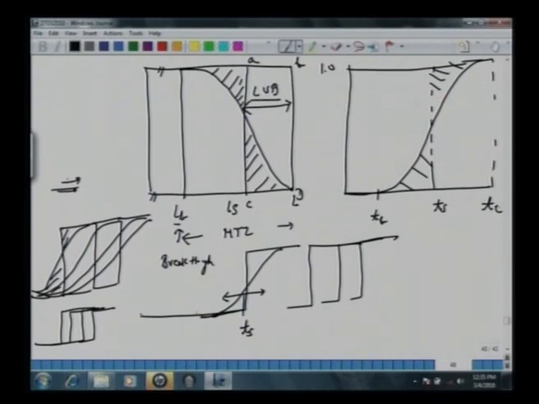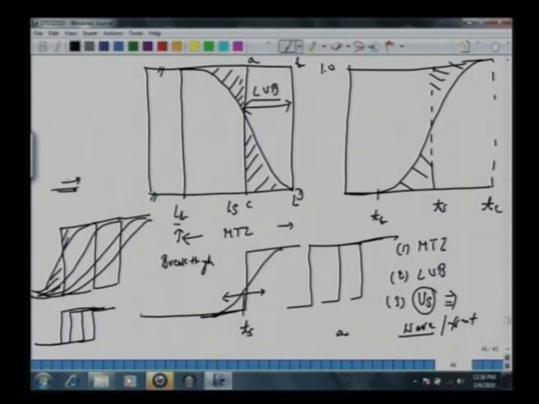So we are talking of this front. We have introduced one quantity, the MTZ. We have introduced a second quantity, which is LUB, and we can also introduce another quantity here, US, which is the speed of the wave, or the adsorption wave or front.